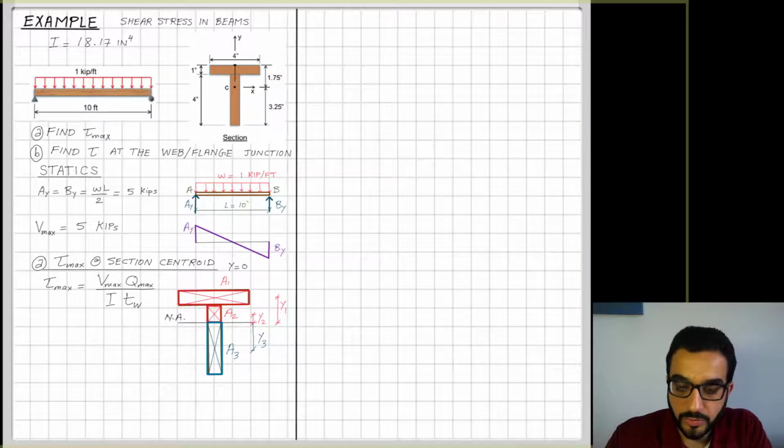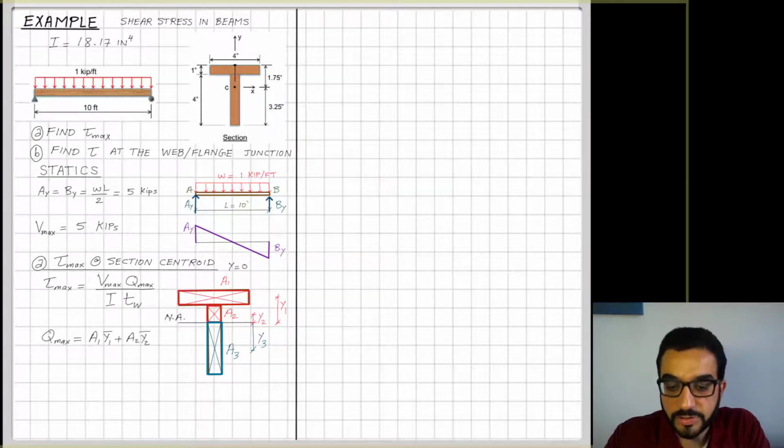Now Q max I know is the first moment of area for the part that I slice at this point. So we typically covered the top part, so Q max is equal to A1 y bar 1 plus A2 y bar 2.